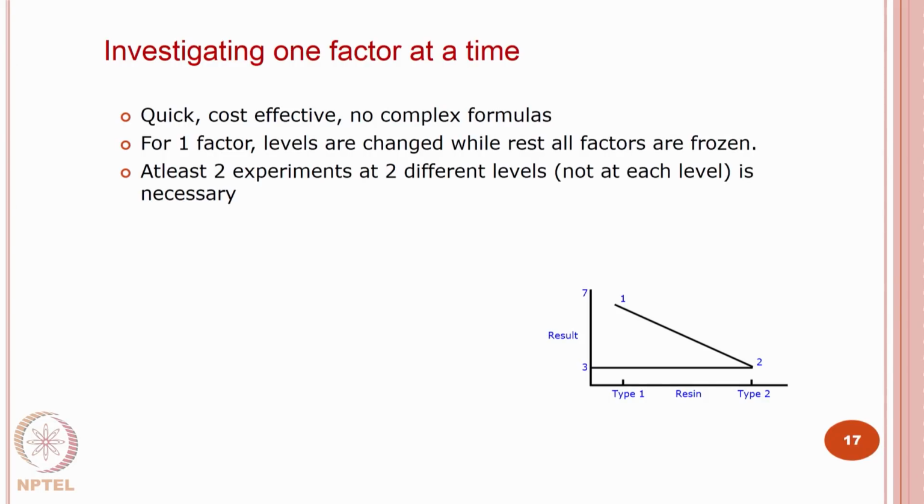For one factor, the levels are changed while rest of the factors are frozen. You have to do at least 2 experiments at 2 different levels, correct. If you have 2 levels, you have to do 2 experiments, level 1, level 2.